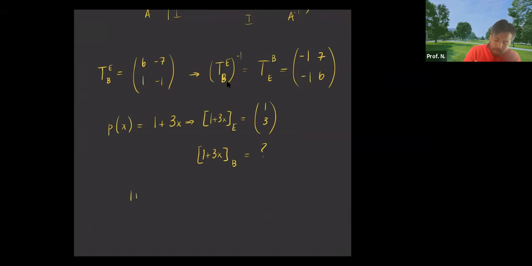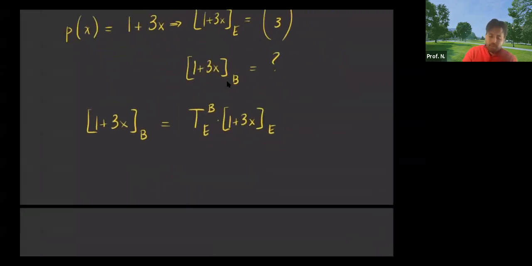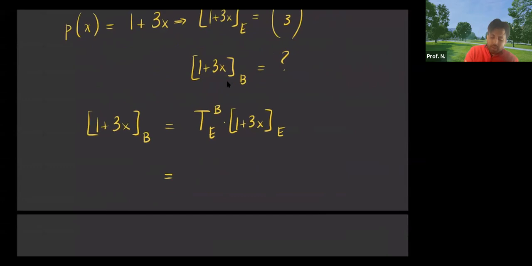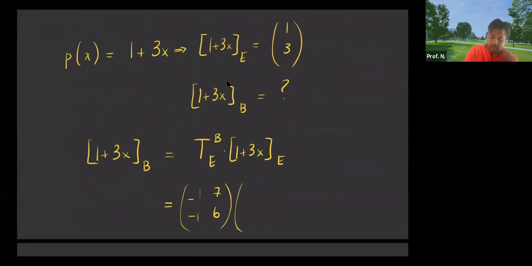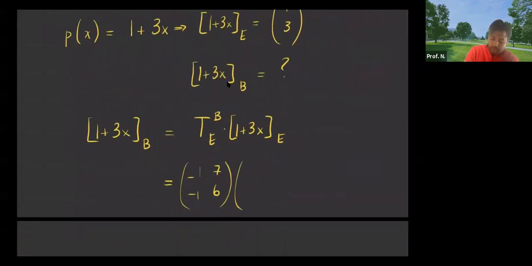So to go from 1 plus 3x to the new is the same thing as taking the transition matrix from the old to the new and multiplying it by the column vector that represents the old. Do you guys see that? There are a lot more letters than usual. But then this is equal to what? This is -1, -1, 7, 6. Multiply that by 1, 3.